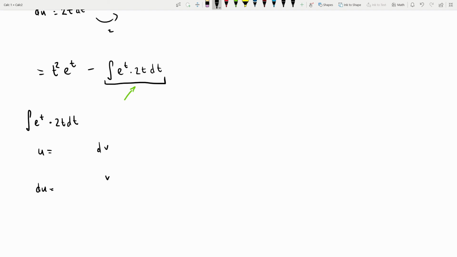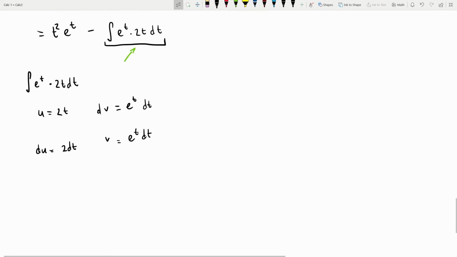As we saw in the previous example, taking e to the t as u is almost useless. So we take 2t as our u, and our du is going to be 2. Again, we reduce complexity because now it's t to the power of 0. dv is e to the t dt, and v is just e to the t.